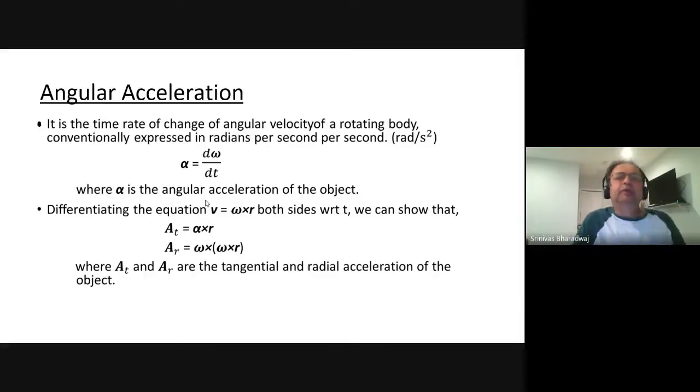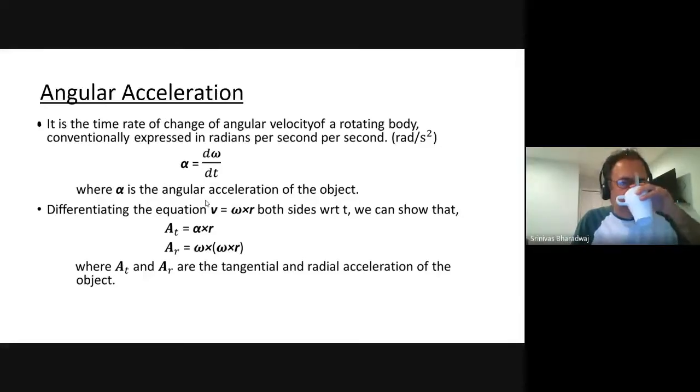Now, the direction of the angular velocity is constant, but the magnitude is continuously increasing. Therefore, the direction of the angular acceleration is also along the direction of the angular velocity. So this is the angular acceleration.